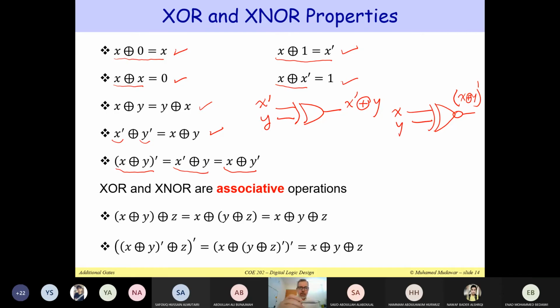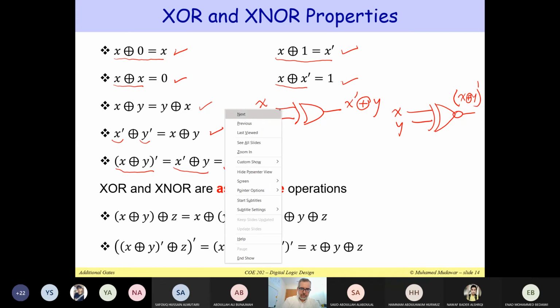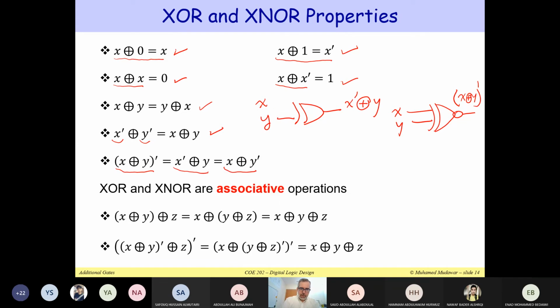So in other words, let me insert here an inverter. Let me just remove this wire, just one second. Let us put an inverter here.